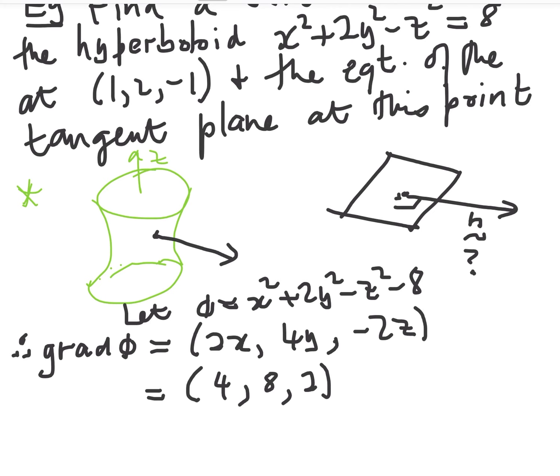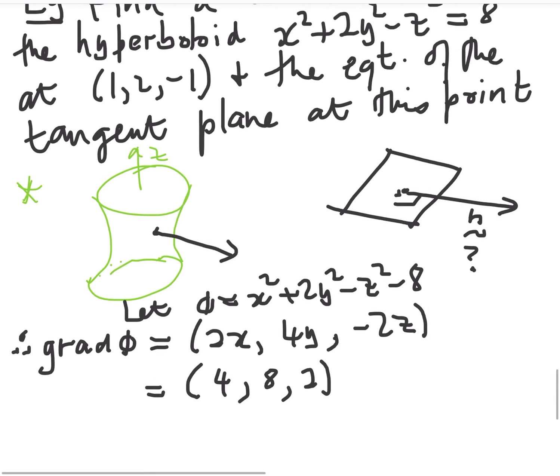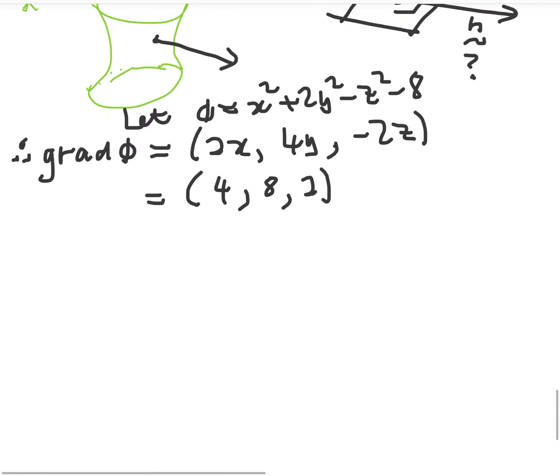So the unit normal will be this grad phi divided by its magnitude. So one way of doing this is you could remove 2 as a common factor, etc. But what we would in fact do is just determine what the unit normal will be directly.